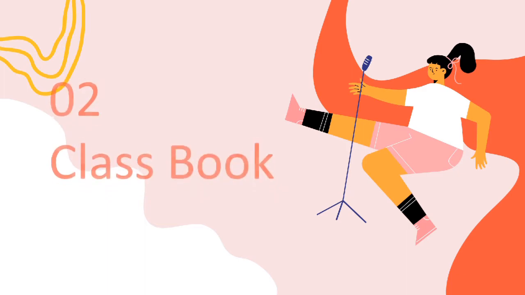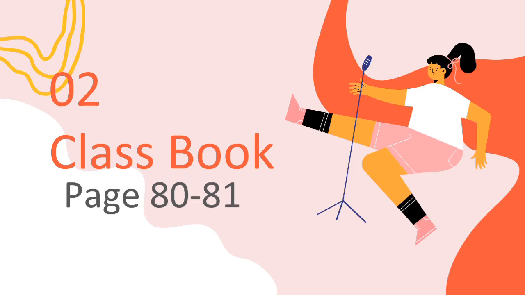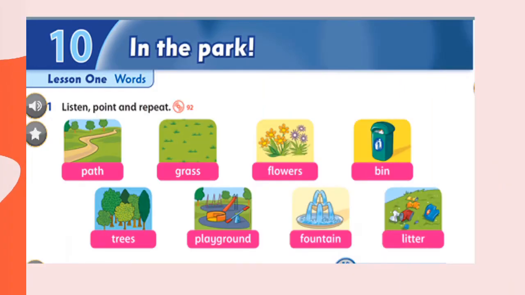After I explain the vocabulary game, we're going to move to activity 2, that is class book time. You need to open your class book, turn to pages 80 and 81. We are entering a new unit, unit 10. As usual, in the beginning, you will learn new vocabulary.